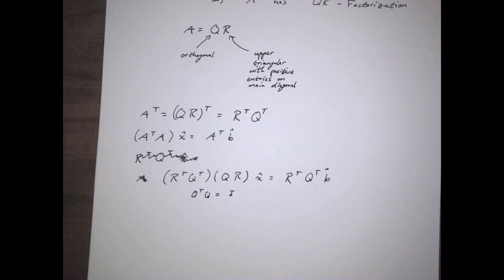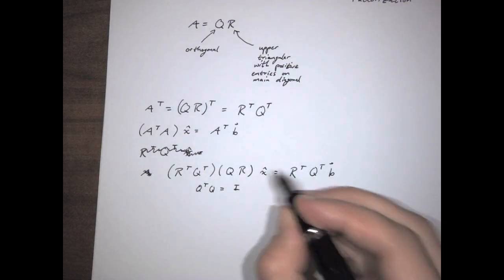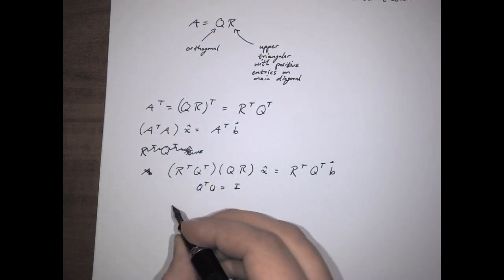Q transpose is, if Q is square, in fact the inverse. If it's not square, then we don't quite say inverse, but it is basically the same thing.